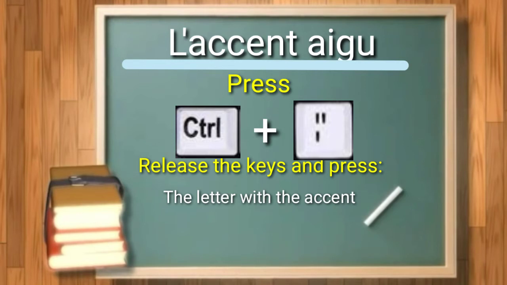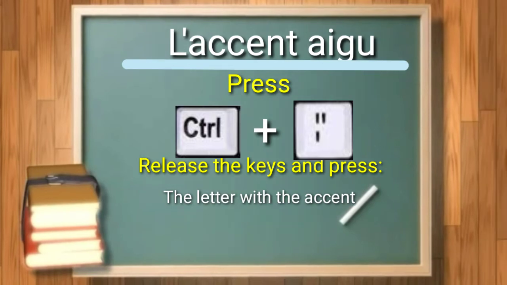We press Ctrl first, and then holding it down also press this key, and then we release both at the same time, and then we press the letter which we want the accent to go on. For example, to make accent aigu on letter E, we press Ctrl, this key, release both, and then type letter E. It will be a letter E bearing the accent aigu.